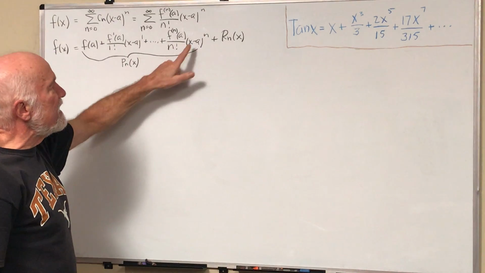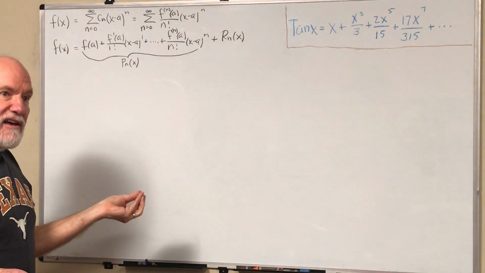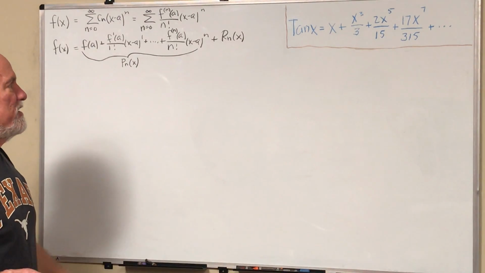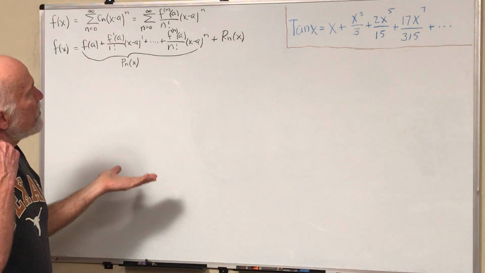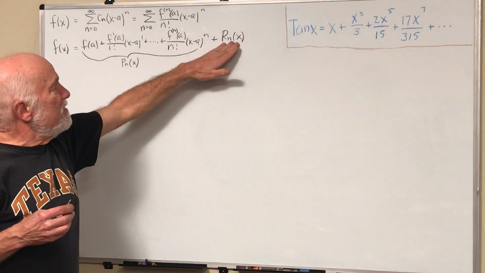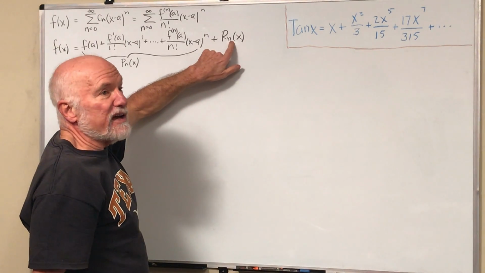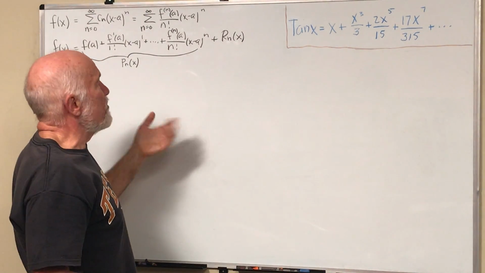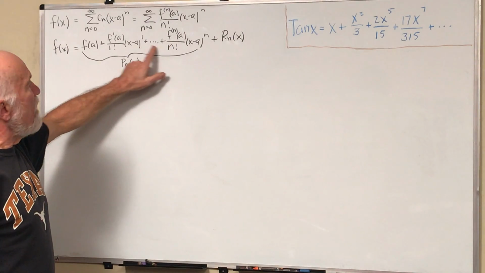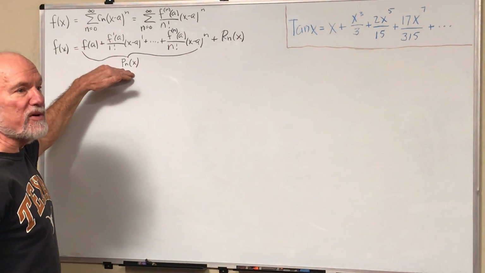So you want to pick a center close to the values of x that you're going to be plugging into the function. That'll lower the error. The other thing is, the fewer terms we have in our Pn of x, the more error there's going to be. So we want to take as many terms as we can in our Taylor polynomial.